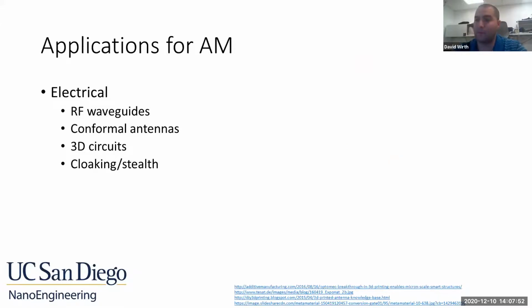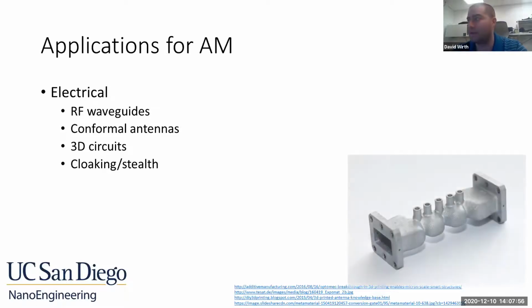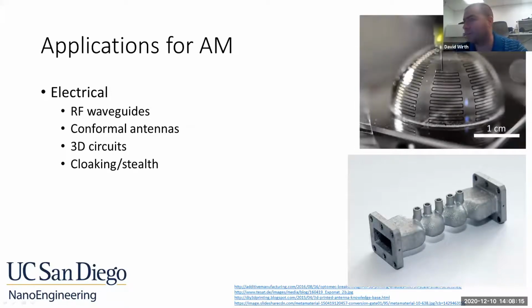Another application for 3D printing, which is lesser known, is the electrical side of things. 3D RF waveguides. These things are incredibly difficult to machine. Just think, how would you get an end mill in here to hollow this thing out? Well, it's very difficult. And the kind of alloys you need to make these out of, it's pretty difficult. But with 3D printing, you just sinter the thing together with a laser. It's real easy.